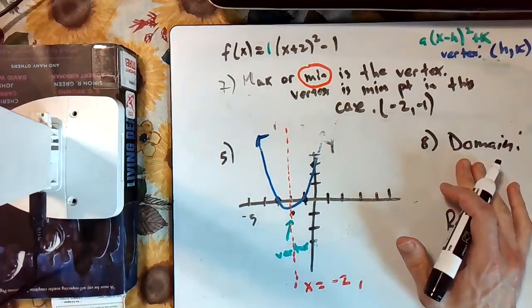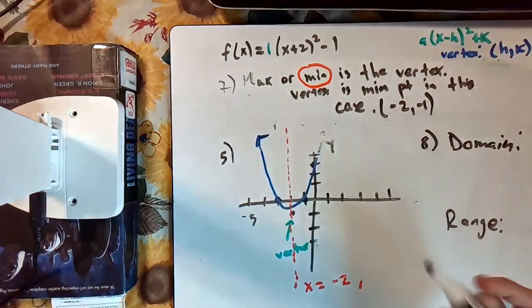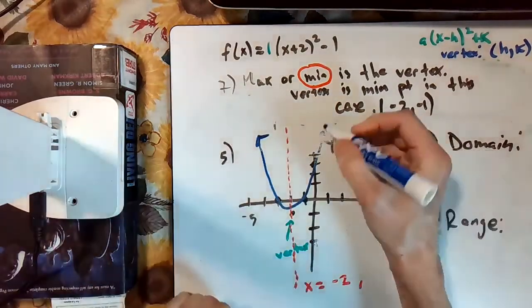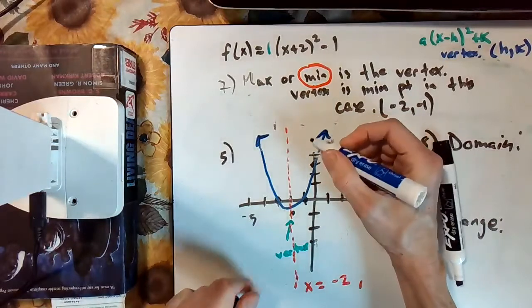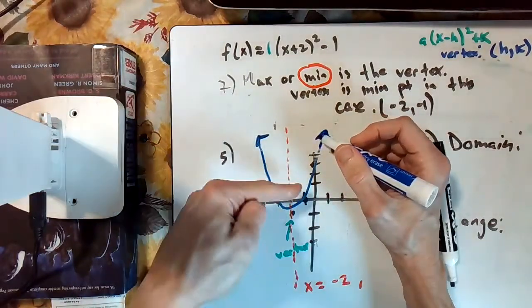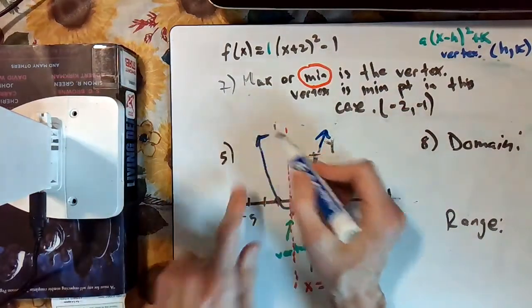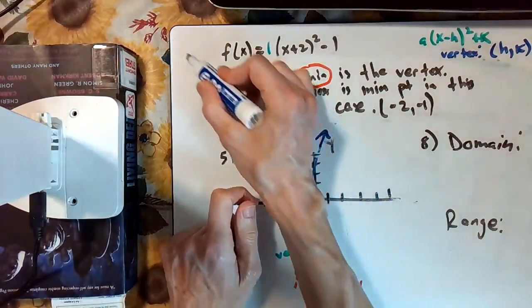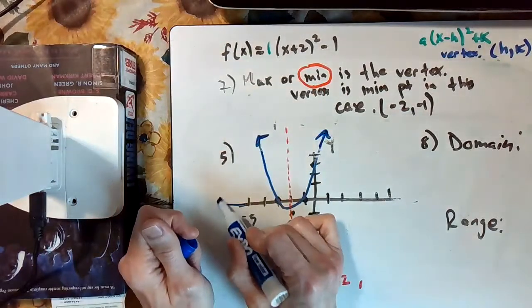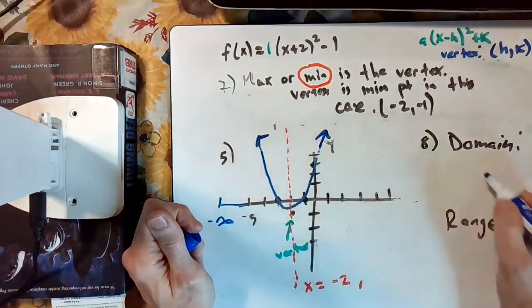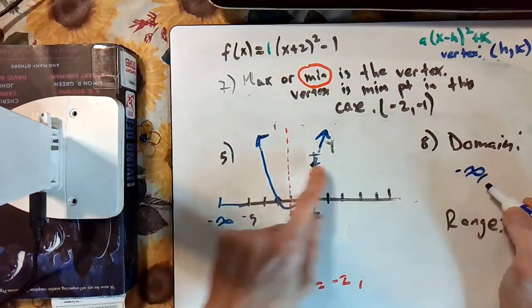Domain is all the x values that our line exists at. Remember, it has 2 arrowheads pointing to the left and up, and pointing to the right and up. Well, pointing to the left means that it runs forever to the left, correct? So if I kept drawing this, it would go out that way forever. Where is it going forever out to the left? -infinity.